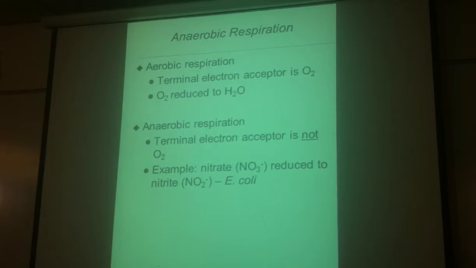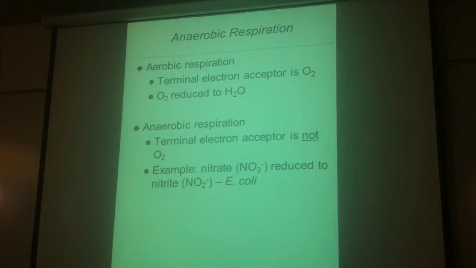Remember, the power of respiration is all that energy that you get. So some bacteria have evolved the ability to do it without oxygen. In fact, we think that maybe some of the early forms of bacteria on Earth, and maybe on other planets like Mars, have developed respiration without oxygen because that was the way that their environment was at the time.